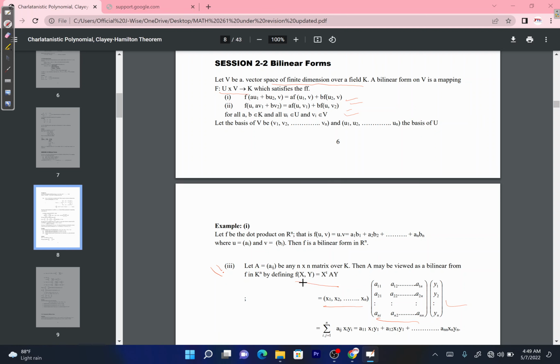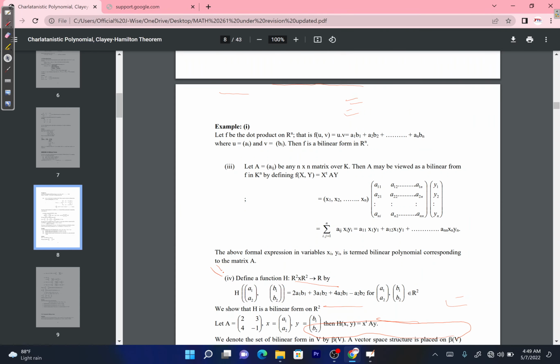Then the bilinear form is given by X transpose A Y. When you solve this, you get A11 X1 Y1, A12 X1 Y2, up to Ann Xn Yn.